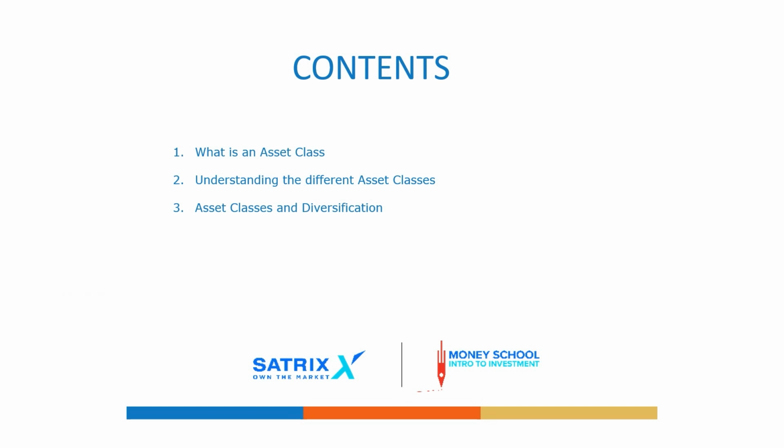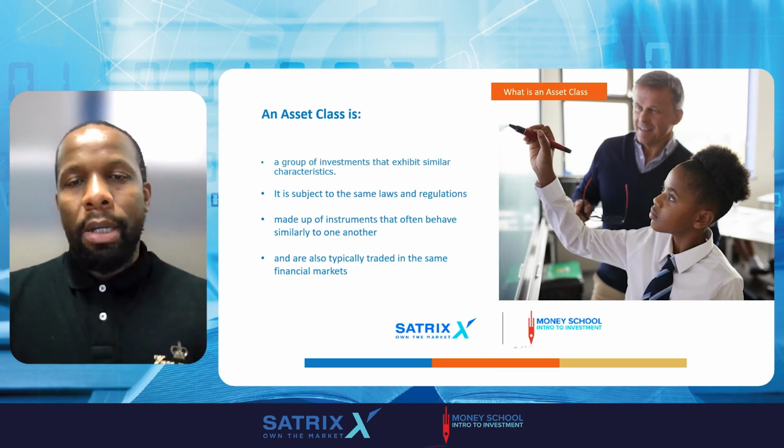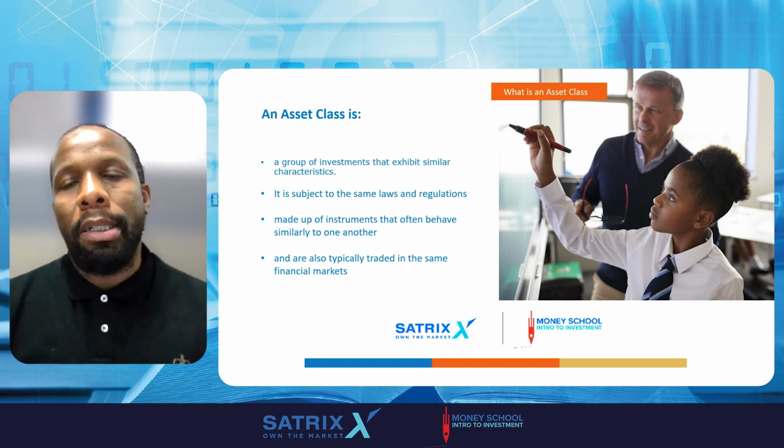Lastly, a word that is quite big and very important in the investment world: diversification, and where diversification and the different asset classes marry, and why understanding the different asset classes is important for diversification as well. So, what is an asset class?